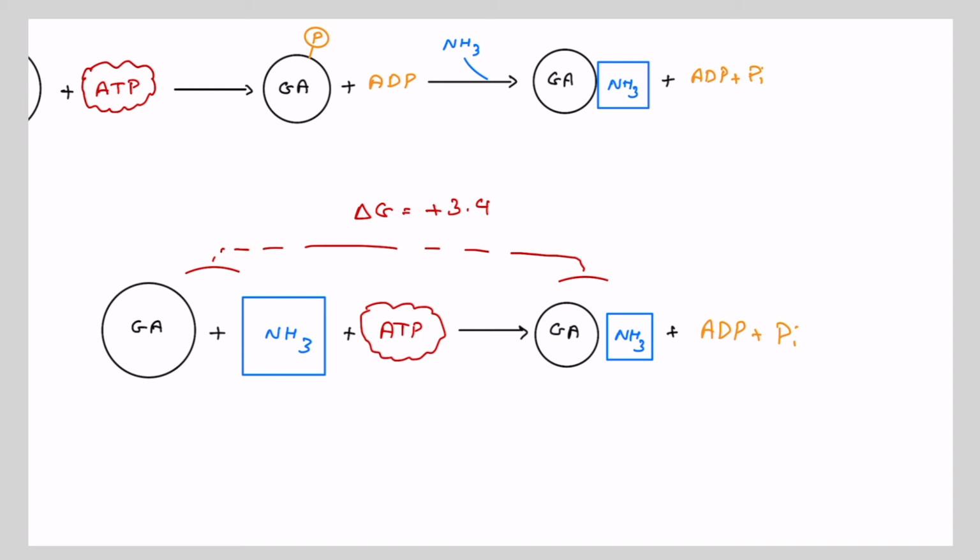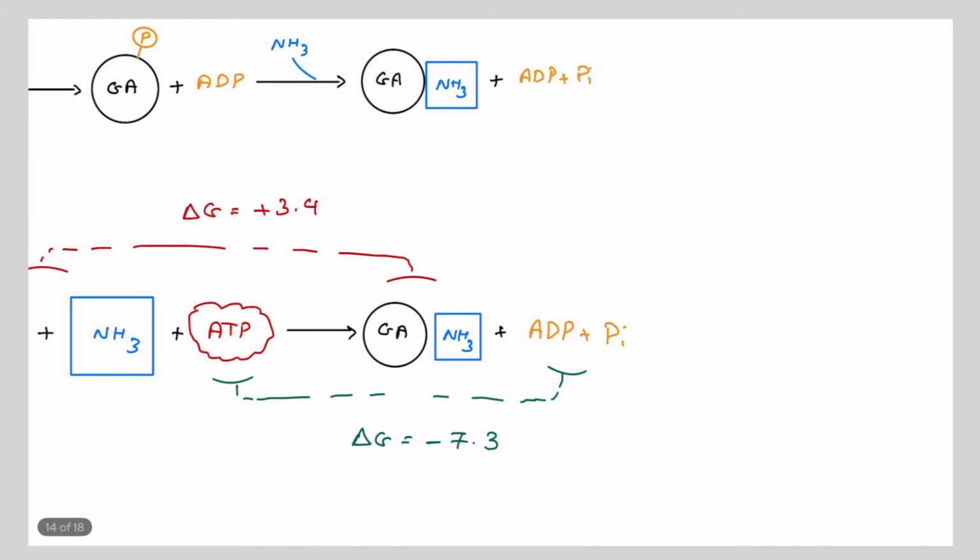But as we talked about earlier, the hydrolysis of ATP is going to give us a delta G of minus 7.3. And we talked about in the last slide that the delta G's are additive.